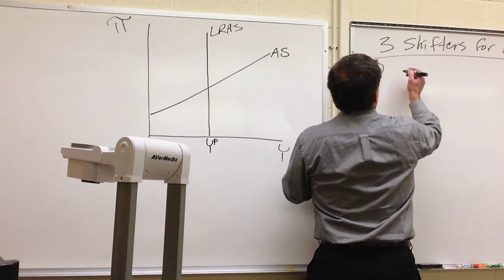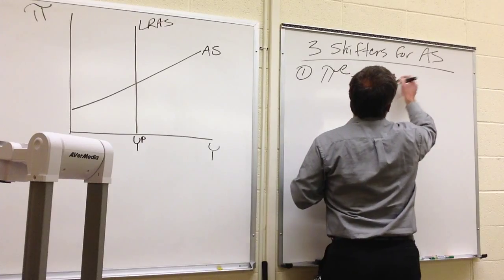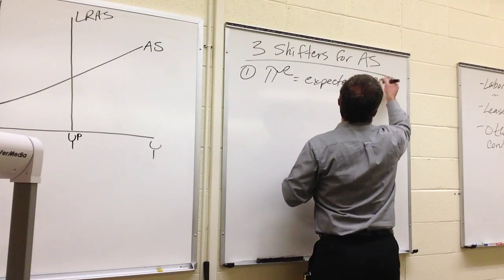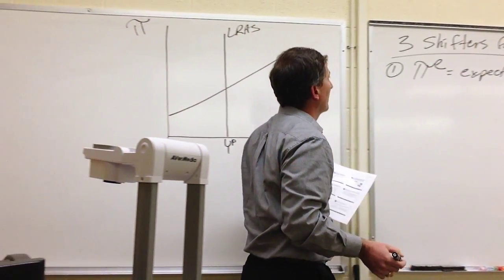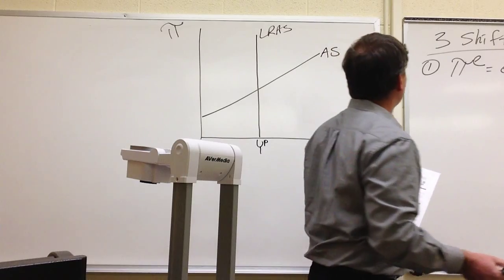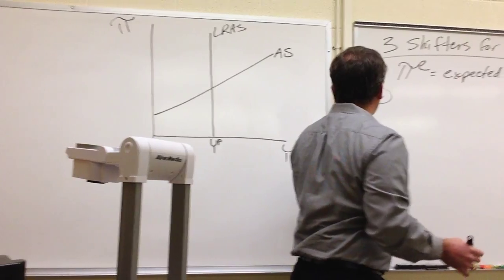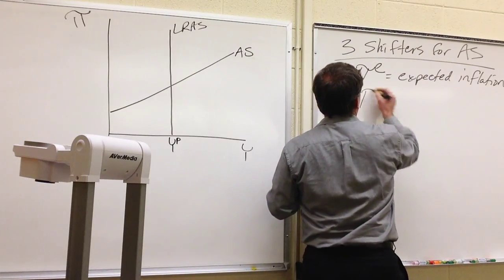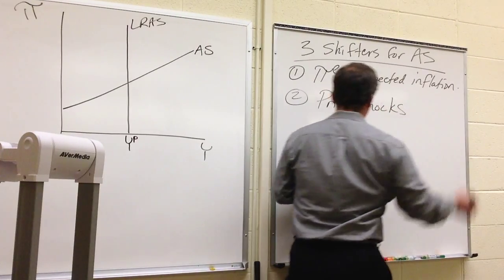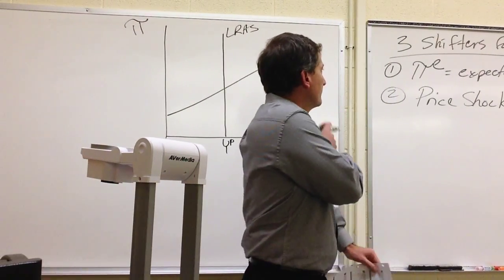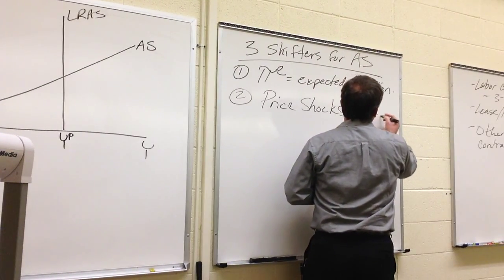Oh, maybe I'll just write these up first. 1, expected inflation. Number 2 is price shocks. And these are really resource price shocks.